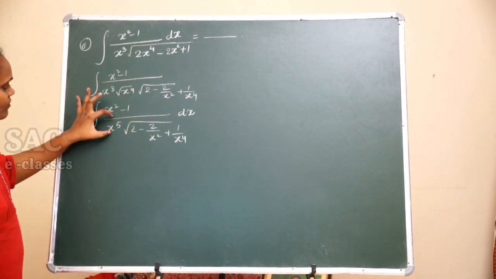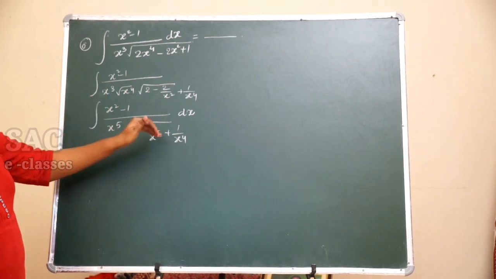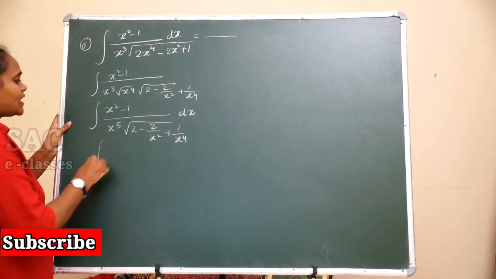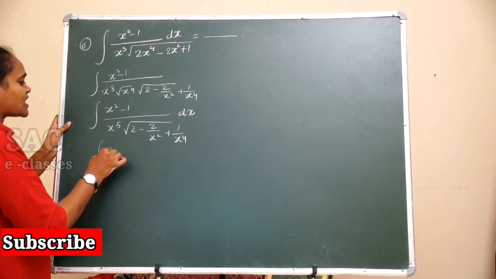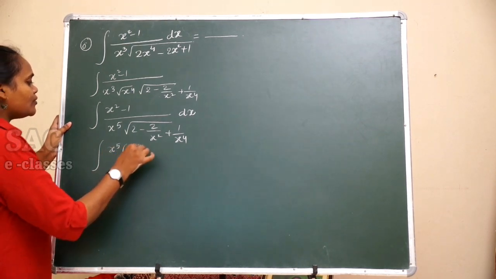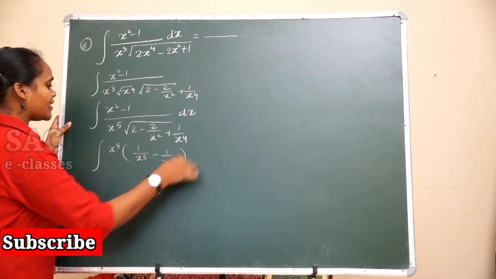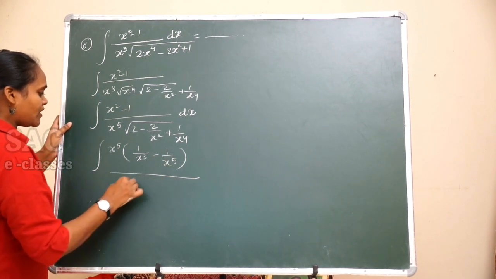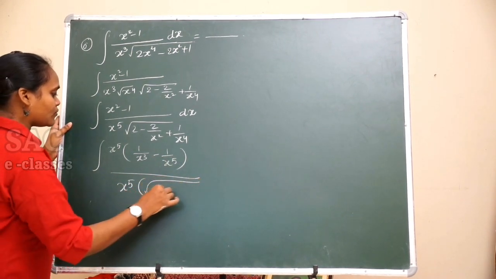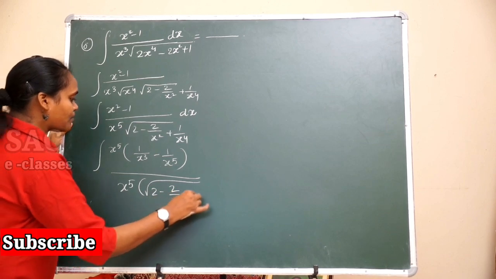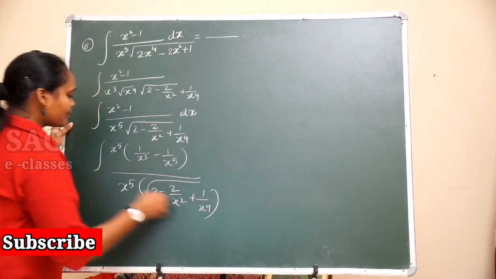The only thing is, now we have understood what we should take out as common from the numerator. After taking x power 5 as common from the numerator, you may get 1 by x cube minus 1 by x power 5, whole by x power 5 into root over 2 minus 2 by x square plus 1 by x power 4.